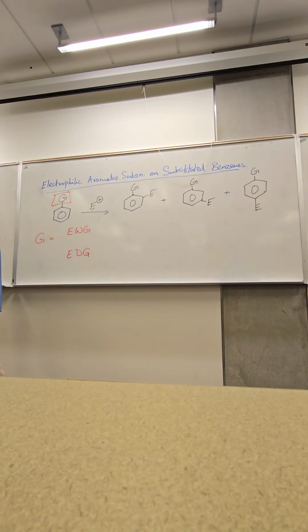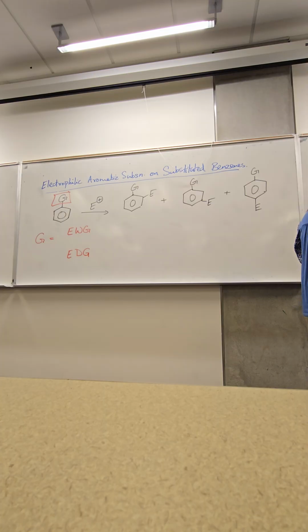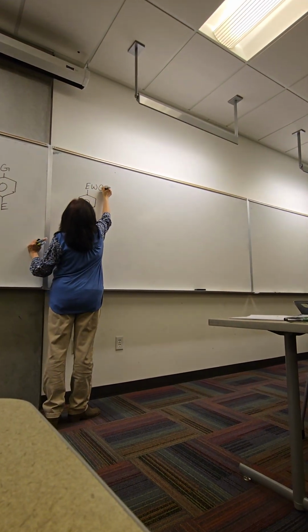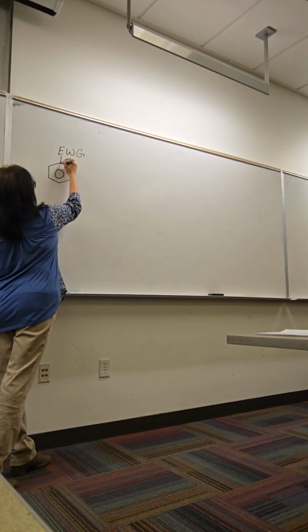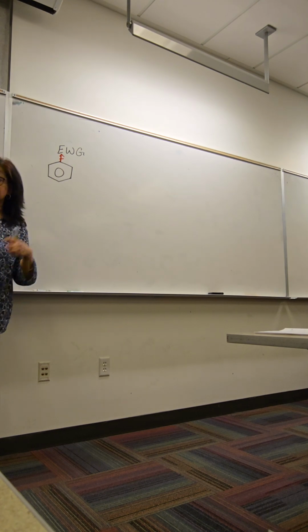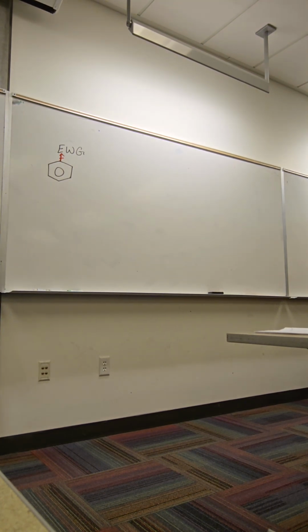if let's say the group that is already on the benzene is an electron withdrawing group, it is pulling electron density towards itself from the benzene, right? Is that making the benzene ring more electron rich, less electron rich, or no change?